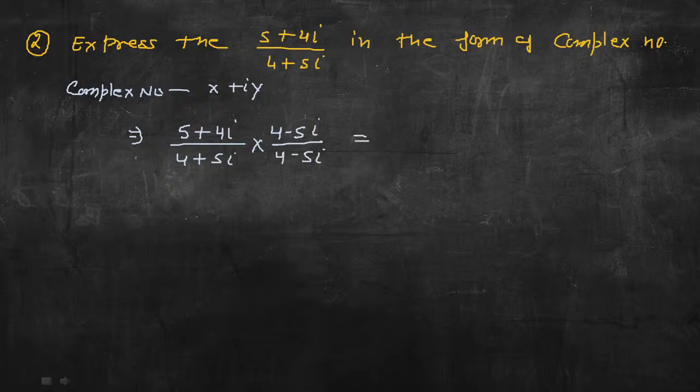You know the concept of rationalizing, I think we learned it in class 10th. Everybody knows, I think. So you will multiply. 5 into 4 is 20, minus 25 into iota.